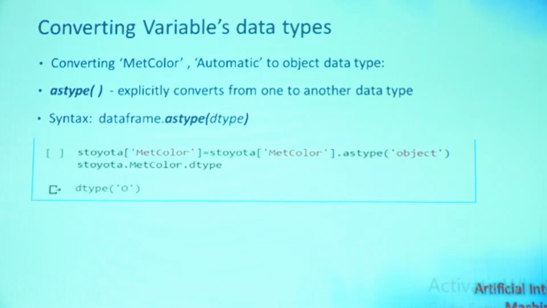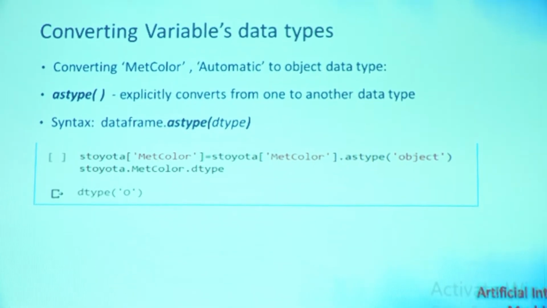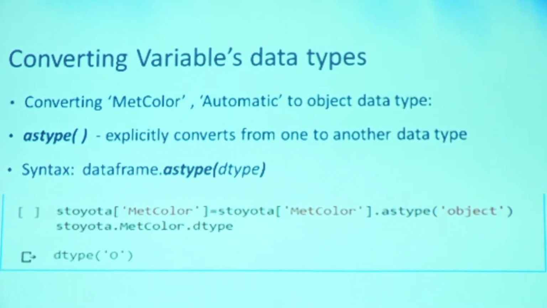Do that, along with that, do it for automatic as well, because even automatic has how many categories? 2? Yeah. To be frank, there is another way to deal with such categorical data that I'll show you at the end. Right now I don't want to confuse you.